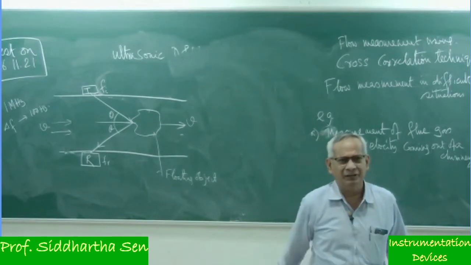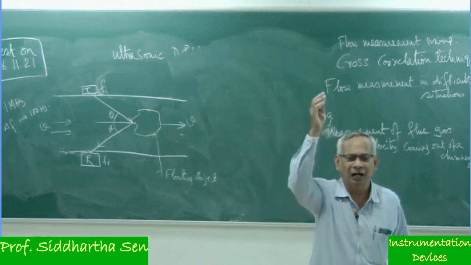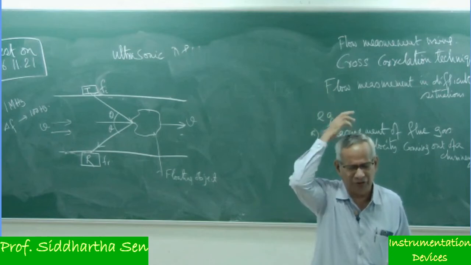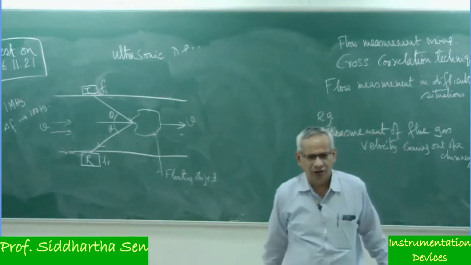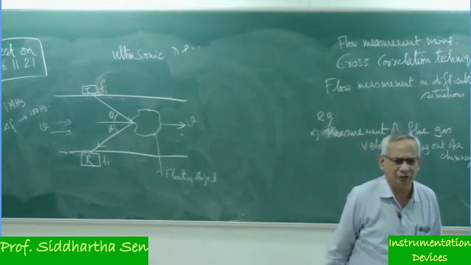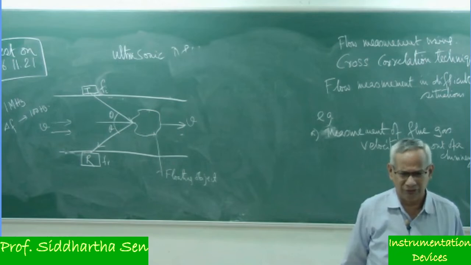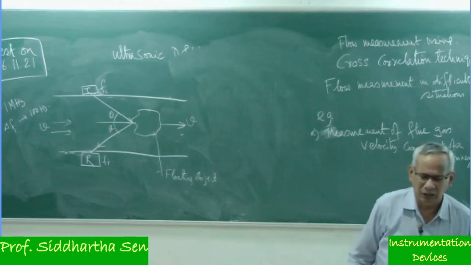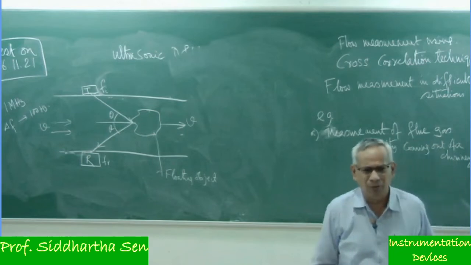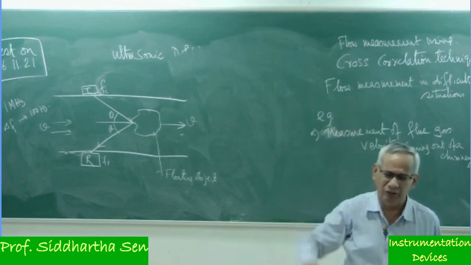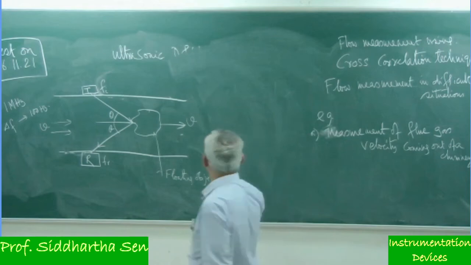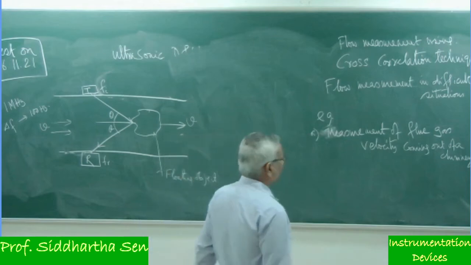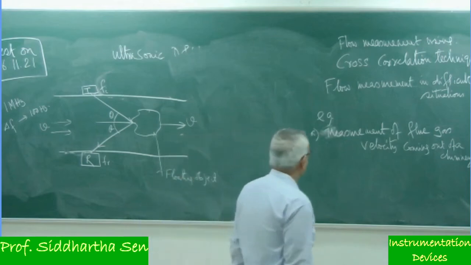And through the big, very high chimneys, the flue gas, that means the exhaust gas, goes out. And often it is required to know the velocity of the flue gas, for pollution control, to know how far it is moving. So what is the flue gas velocity coming out of it? It is one of the real challenges.